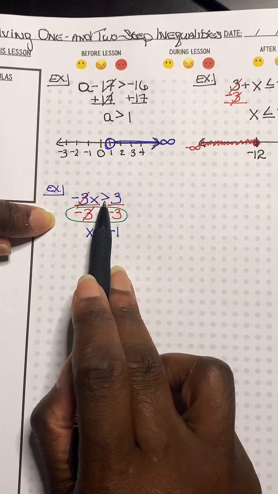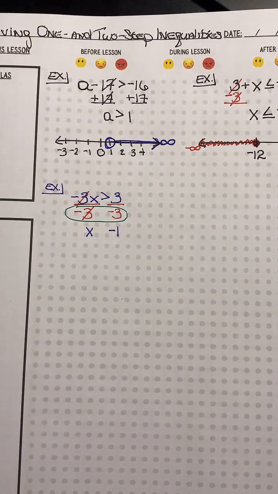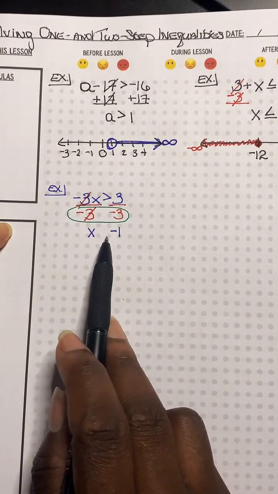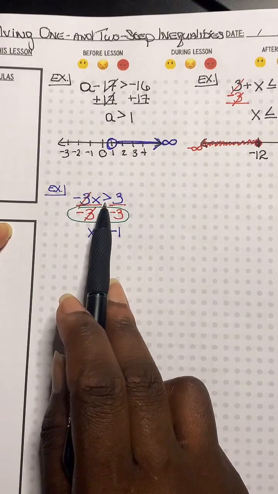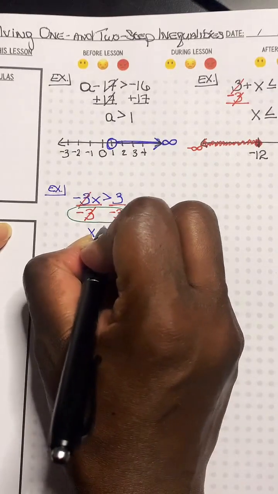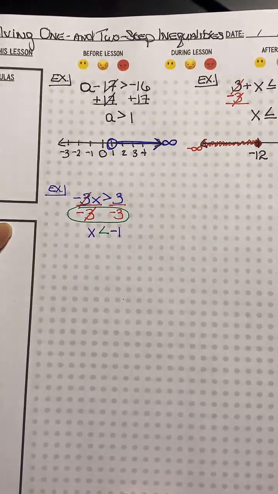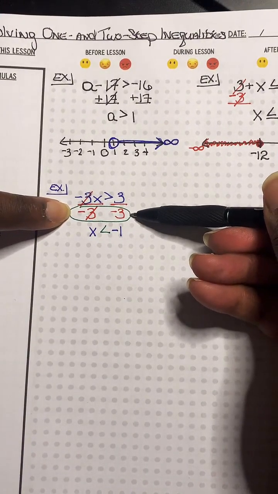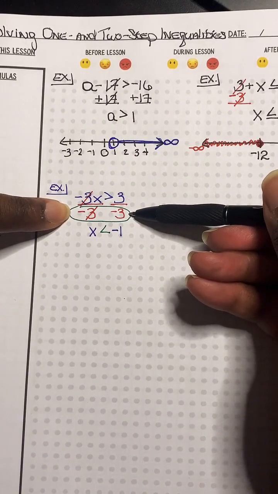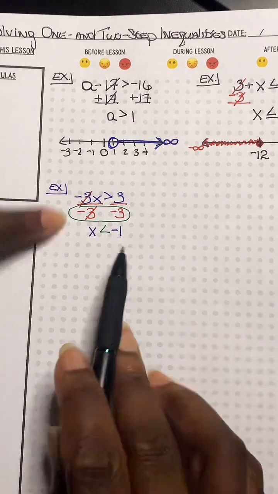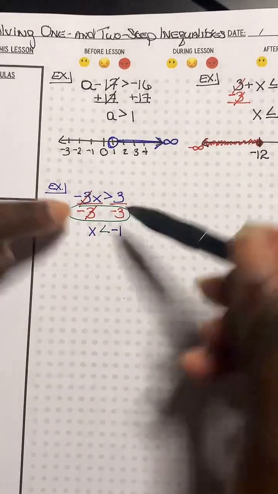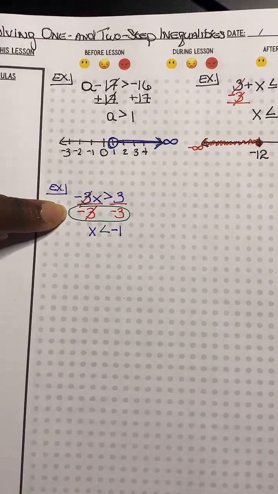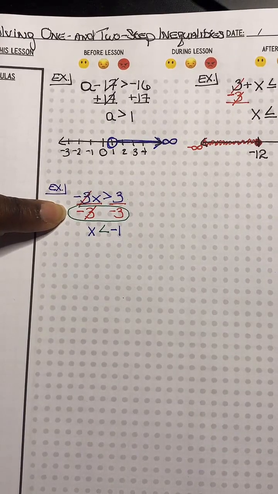The reason why, because of that negation, I have to change it so I can make sure I get a true statement. So instead of greater than, now it's less than. And it only happens when you are actually multiplying or dividing by a negative number. Not because your result is negative, because the act of multiplying or dividing. Okay? All right.